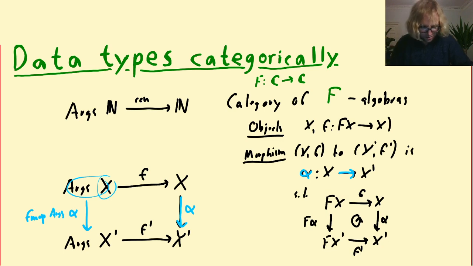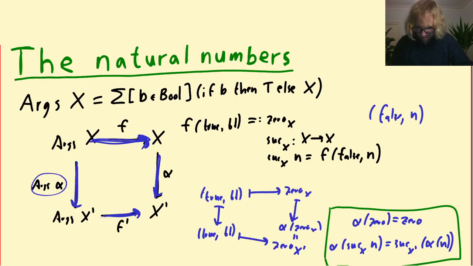And we saw that for the case of the natural numbers, being structure preserving meant exactly that we are sending 0 to 0 and successor to successor, right?